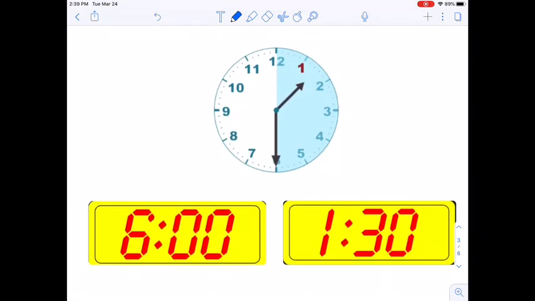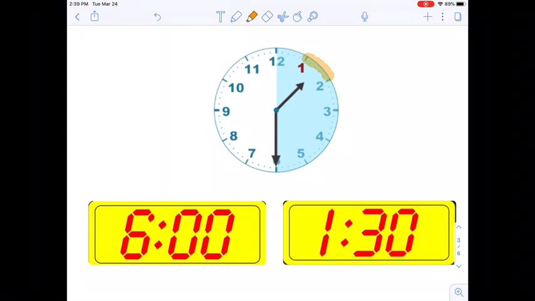So now let's try this one. Think about this clock for just a second. Start by asking yourself, what does the shorthand point at? The hour hand, where is it pointing? It's pointing somewhere between the 1 and the 2. So it's sometime after 1 o'clock.